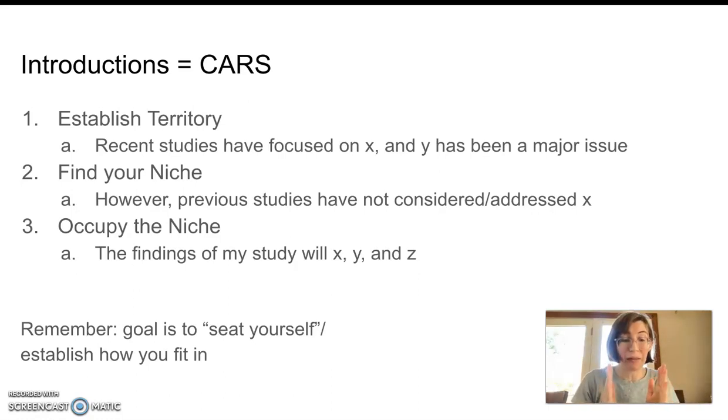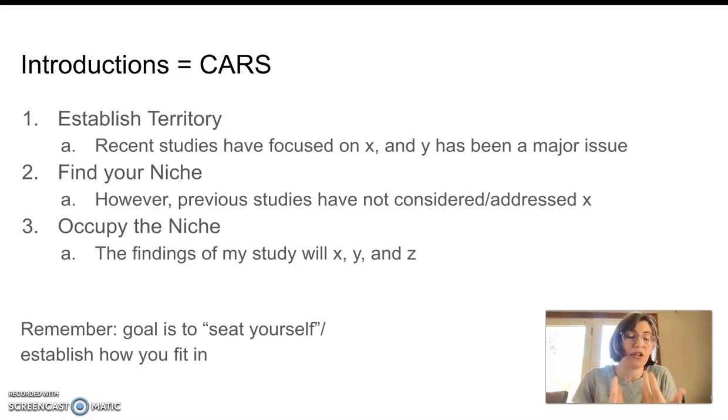Once you've established that there's an open seat somewhere in this conversation, you do step 3, which is occupy that space or that niche. So you have this topic, you found this problem, and your field research, your study, your interview, survey, whatever you're conducting is going to satisfy that seat that's open.